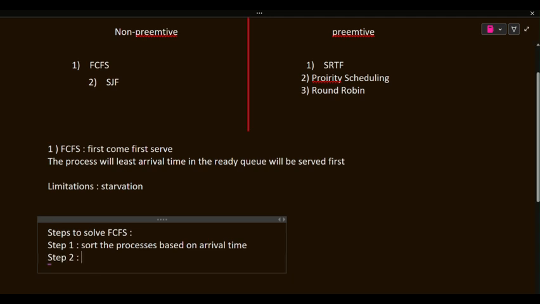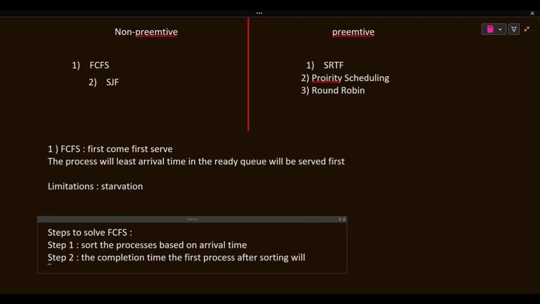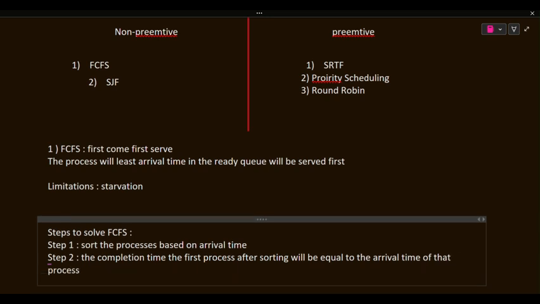Step 2, the completion time of the first process after sorting will be equal to the sum of the arrival time of that process and the burst time.